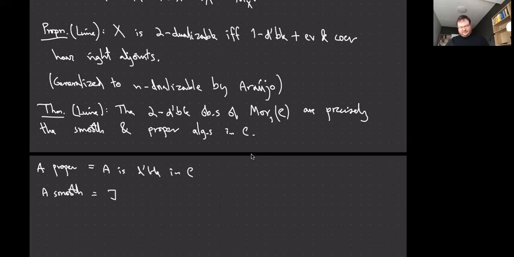You can describe it as saying there exists a right dual of A tensor A^op module A, viewed as a left A tensor A^op module.